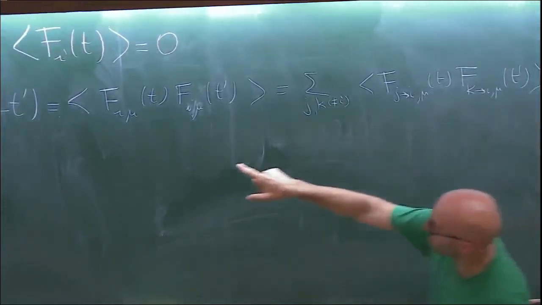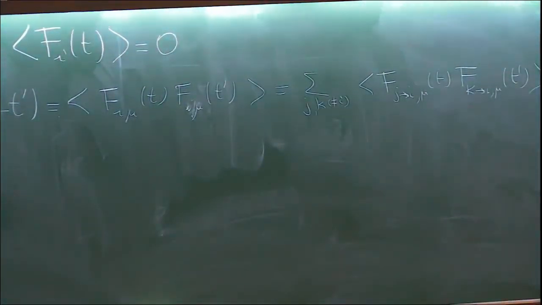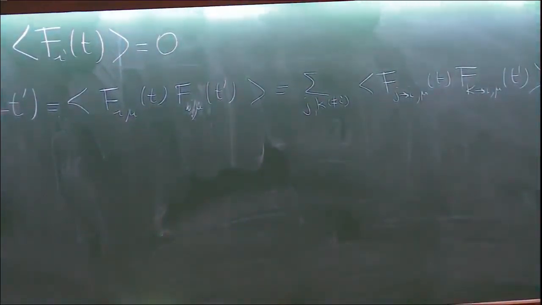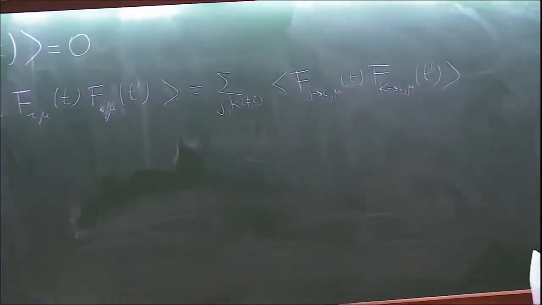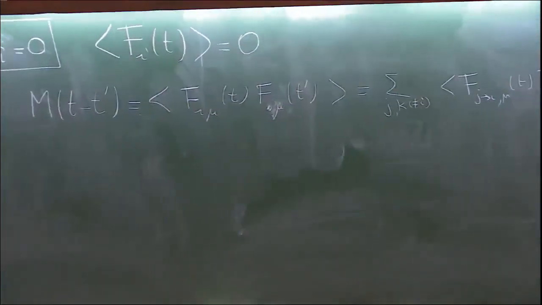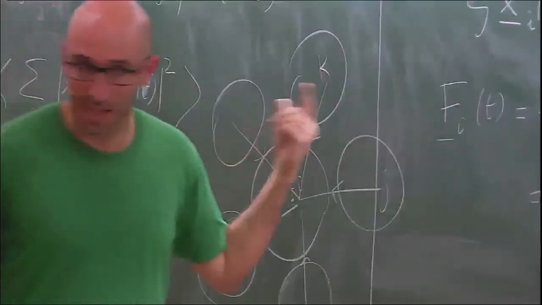I just took this sum and I get a double sum. Now this will be particle j, this will be particle k, and they are uncorrelated.